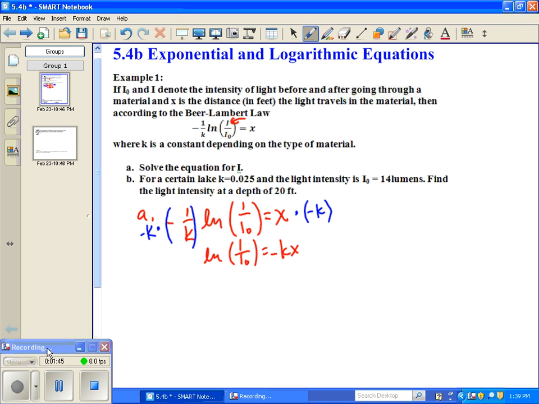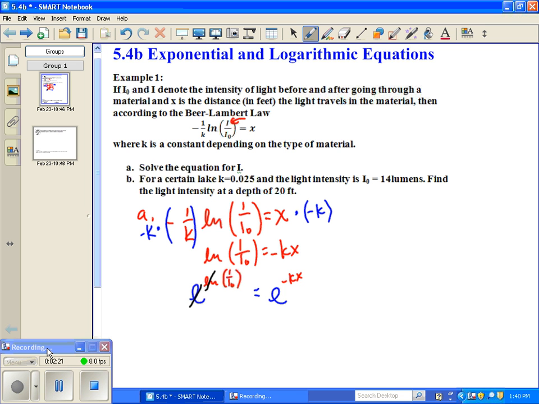Okay, so now that we have the log by itself, we want to get rid of it. So we're going to apply e to both sides. So we're going to raise both sides by a base of e. Okay, so you could see the e and the natural log cancel each other out.